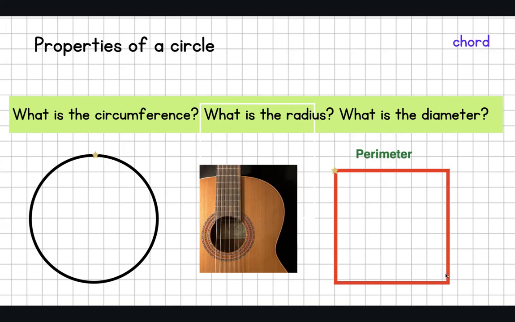This is equal all the way around. This is not, because like I said, when we cut across it here, it was different widths. So we are measuring the length all the way around. The perimeter of the circle is called the circumference. So where you see, like here, if I just, this is a terrible way of doing it. It's very wobbly.